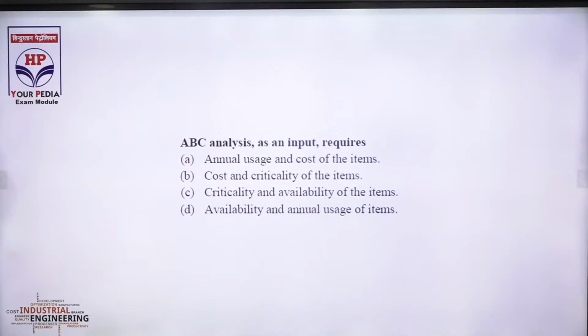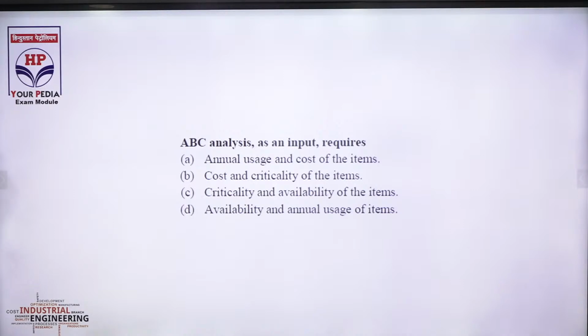Answer the question. ABC analysis as an input requires what? Just give the answer. What do you think is the answer for this? The options: annual usage and cost of items, cost and criticality of item, criticality and availability of item, availability and annual usage of item.